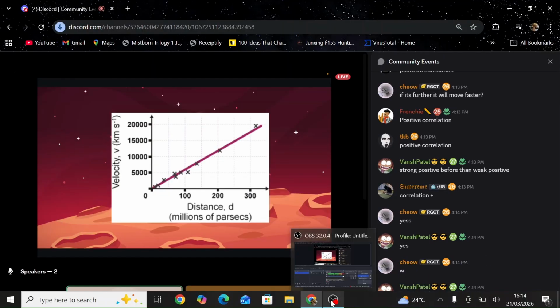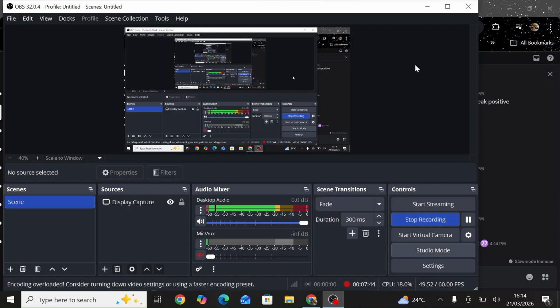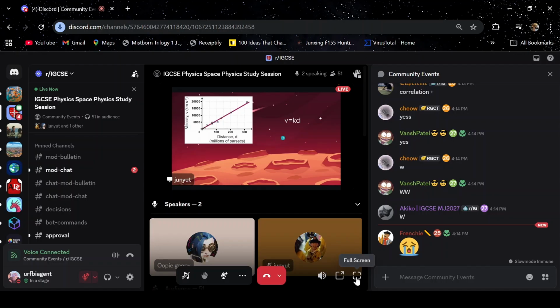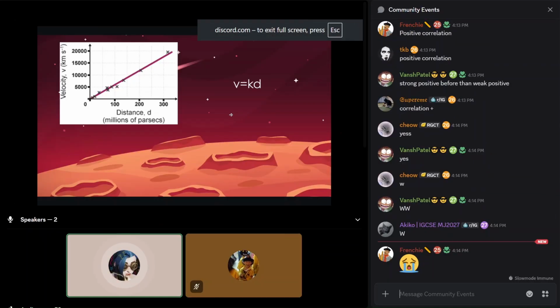Okay, going back to the graph, next slide, please. If you look at the graph, it's a linear graph, right? The velocity is on the y-axis and the distance is on the x-axis. So we can write an equation to relate these two: y equals mx plus c.